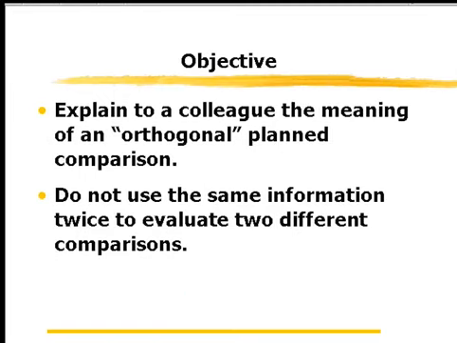So another objective is to explain to a colleague the meaning of an orthogonal planned comparison. Well, an orthogonal comparison is, as I said, a planned comparison or an a priori comparison, but it is a comparison in which you do not use the same information twice to evaluate two different comparisons. And I'll show you an example of what we mean by orthogonal comparisons.